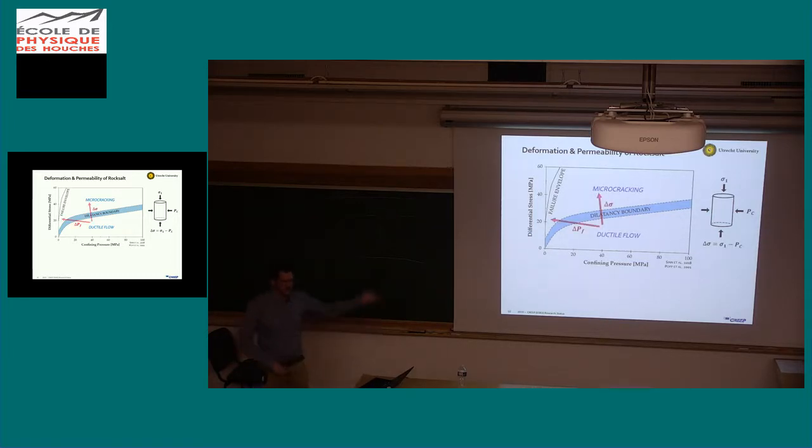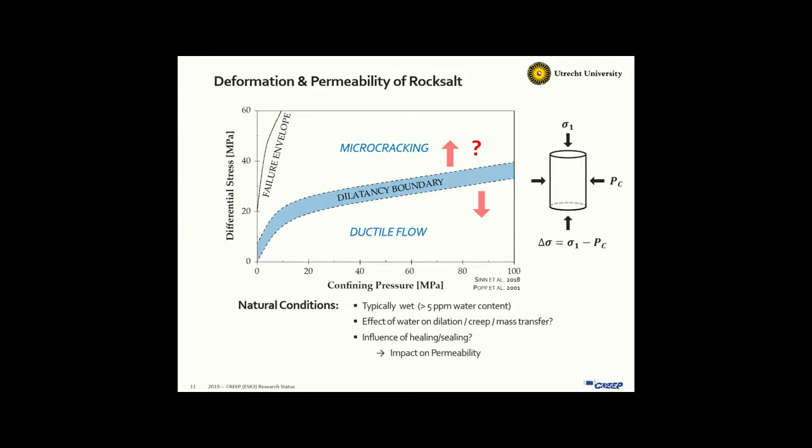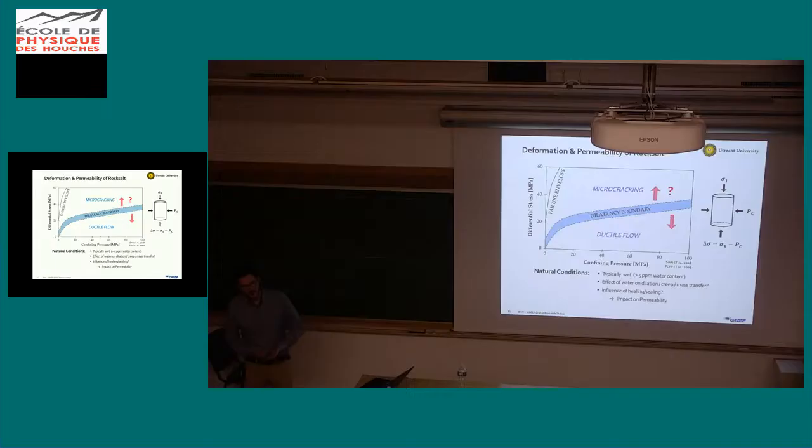As I just said, pore fluid pressure changes or differential stress changes could be responsible for that. But still, it's not clear if we can relate these experiments to natural conditions, because as Janos also pointed out, natural rock salt is typically considered to be wet, so we have to take the effects of water into account and how this influences the dilation, the microcrack behavior, and the mass transfer between these salt grains.